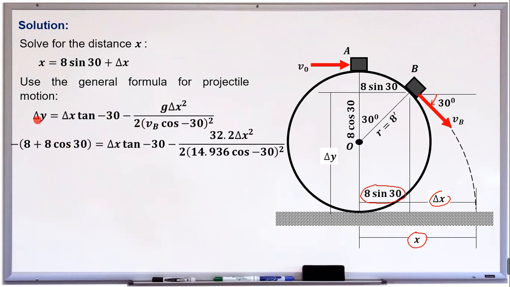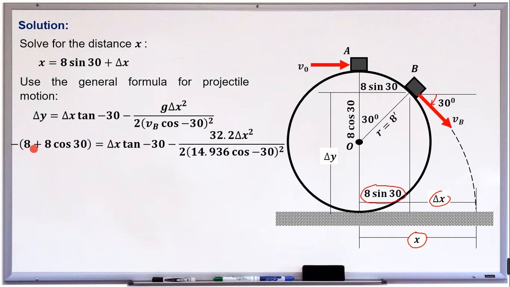Next, we will input the value for delta y. Now, this is negative. It's because the direction of motion for this projectile is downward. So the downward path takes the negative sign.